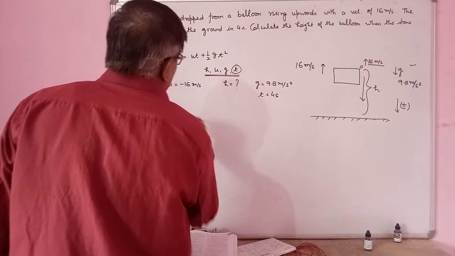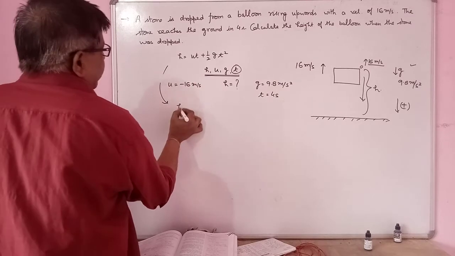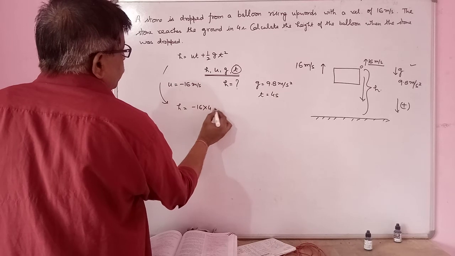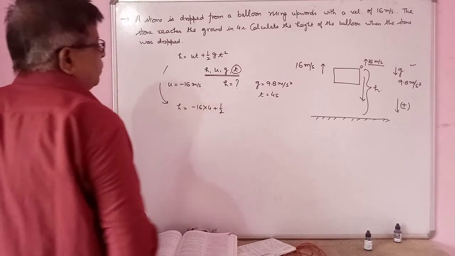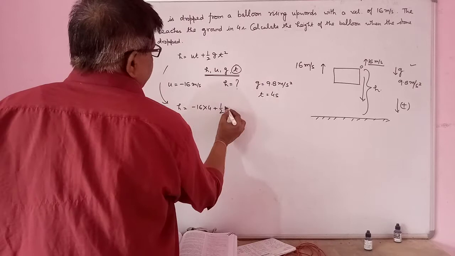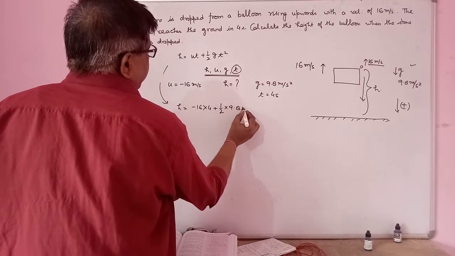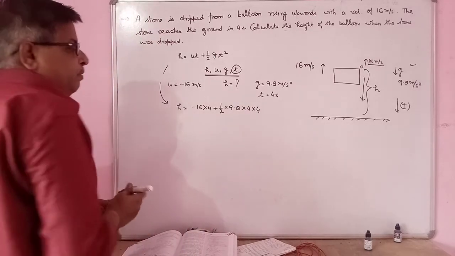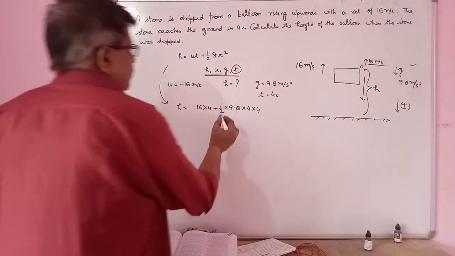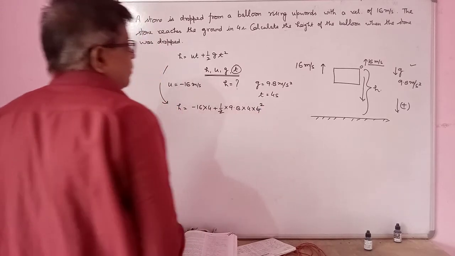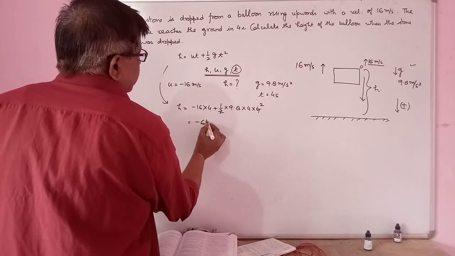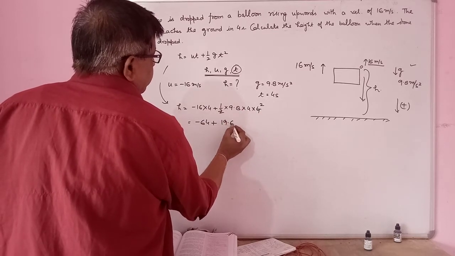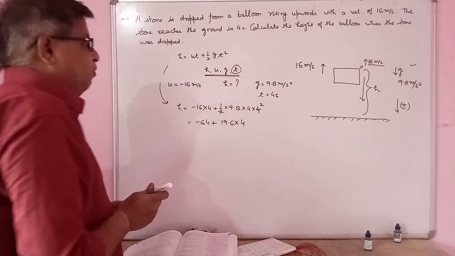4 seconds. So from this equation, h equal to u is minus 16, t is 4, plus half, g is 9.8, into 4 into 4. This is minus 64 plus 19.6 into 4.